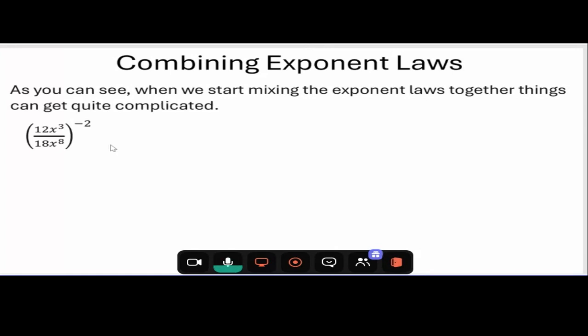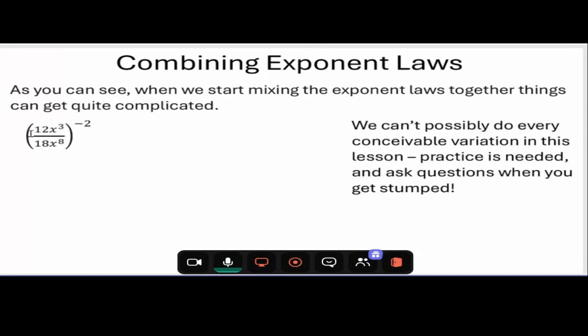So here, if I look at this, I would look at that fraction and see that things can cancel out in there, and I would reduce that. So what I would be tempted to do is to look at the 12 over the 18 and the x cubed over x to the 8th and do some simplifying. 12 and 18 can both be divided by 6.